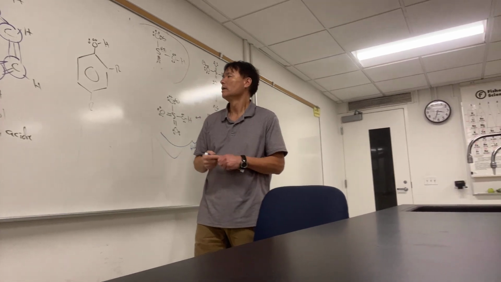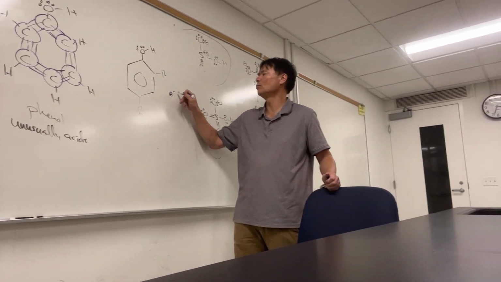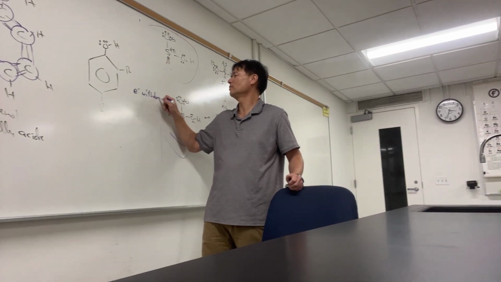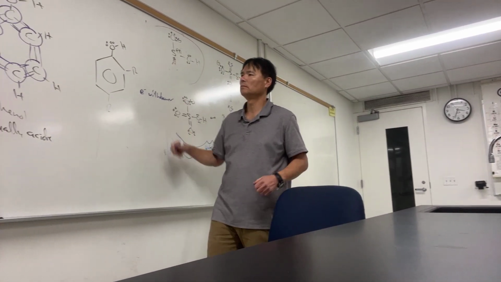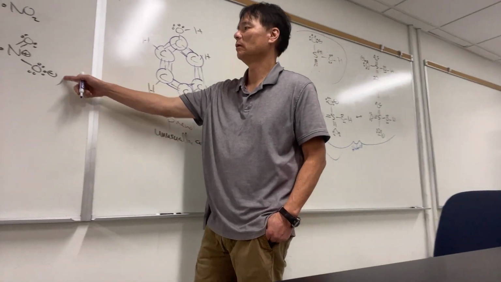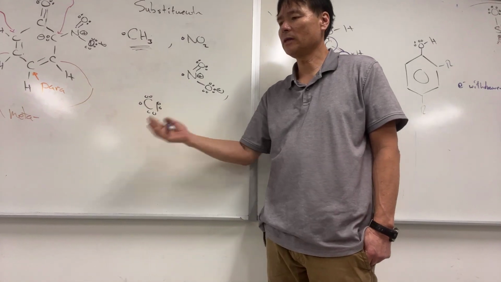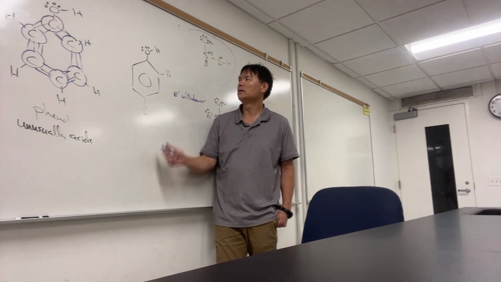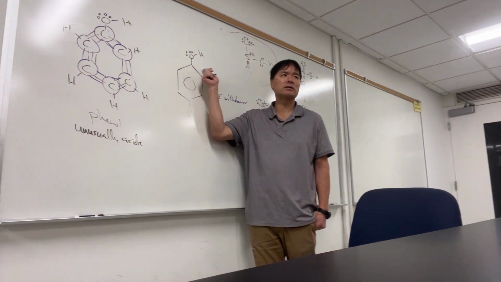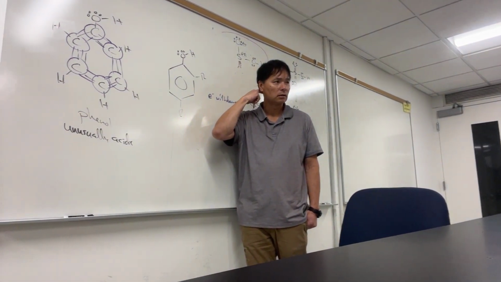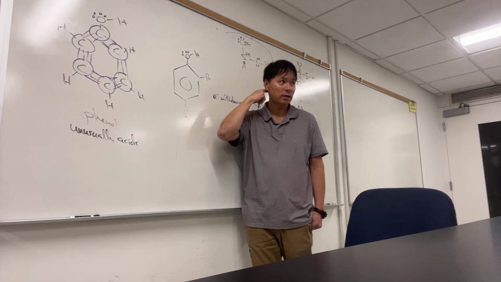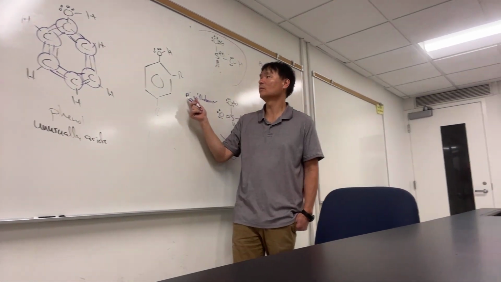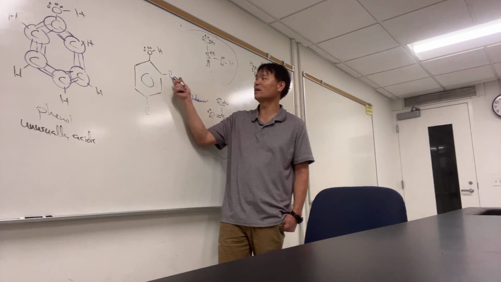And so if we put an electron withdrawer, like nitro, chloro, something that can remove electron density, does that make this more acidic or less acidic? More acidic? Yeah, it makes it more acidic. Number one, an electron withdrawer here will have an inductive effect.